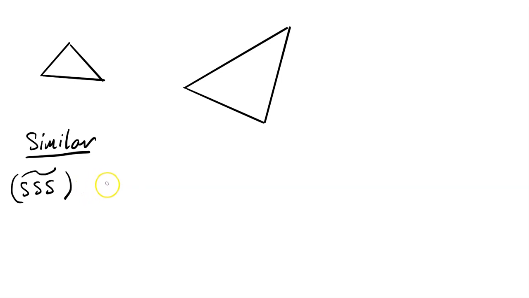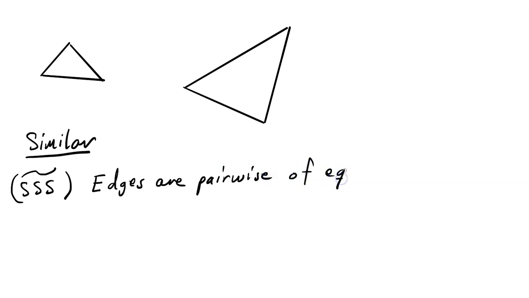And this condition is that the edges are pairwise, not equal length, but proportional, or pairwise proportional. Okay, so if the edges are pairwise proportional, then the two triangles are similar.